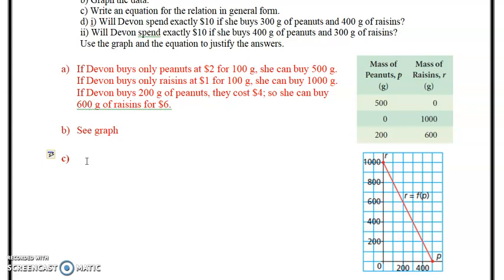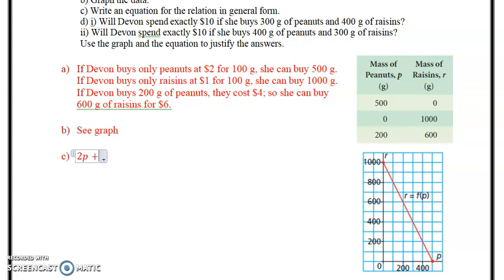So obviously it's $2, right? So it'll be 2 times P, right? It's going to be the mass of the peanuts, right?